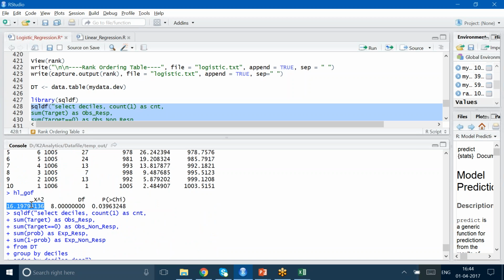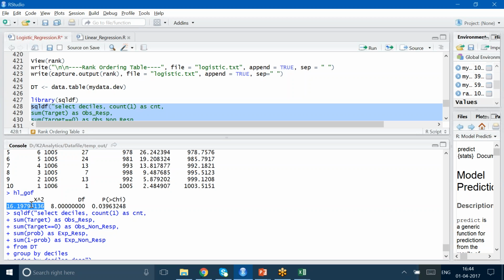The way the chi-square is computed for the model is with the deciles that you have. At a decile level, you observe how many responders and non-responders there are. You compare that with the responders and non-responders which you are predicting based upon your model. The hypothesis we are trying to prove is the null hypothesis that observed and expected are the same, they are not different. The alternate is that they are different.